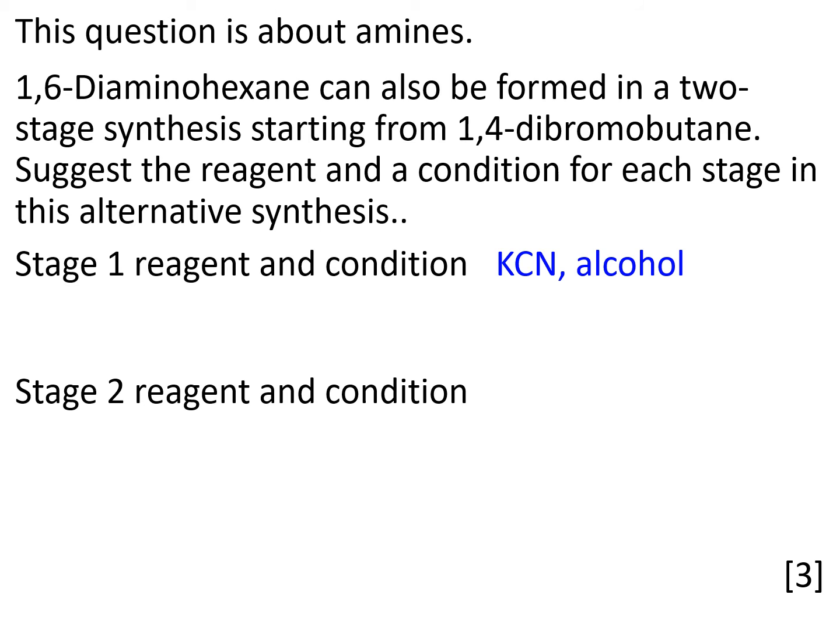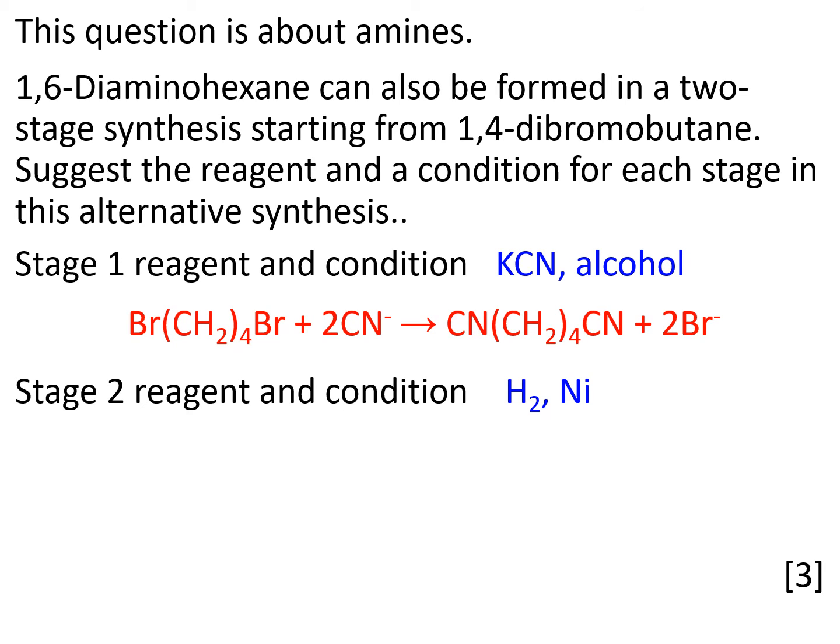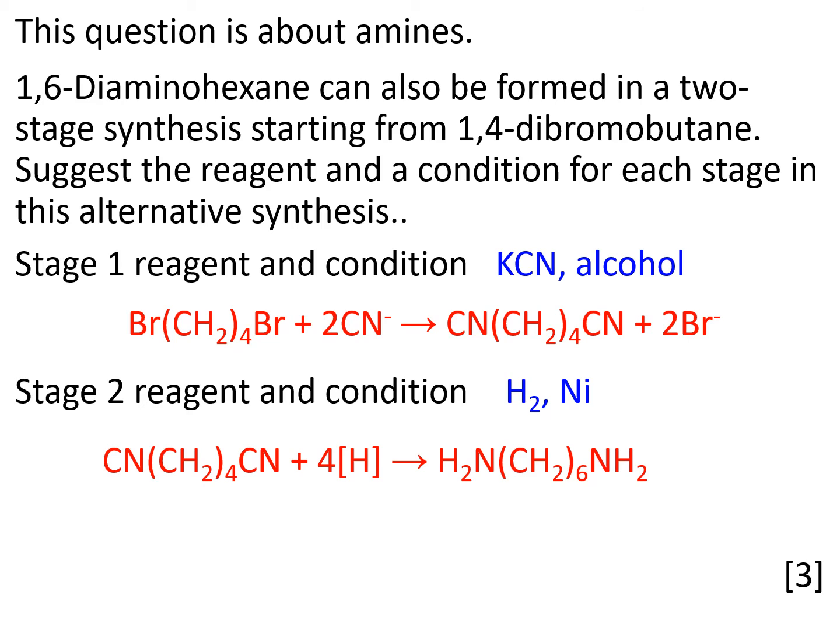So now we've made the nitrile, we can then reduce the CNs at both ends by using a nickel catalyst in the presence of hydrogen. You're not asked for balanced equations, but I put the balanced equations in there in case you were asked for them. It's worthwhile knowing them.